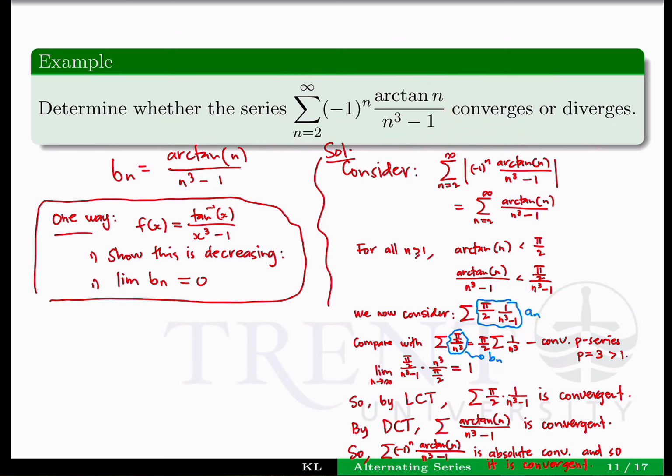So now take a look at how we did it. We started by considering the absolute value, so we are looking to show that the series is absolutely convergent. That was this part here. But in order to show that this one is absolutely convergent, we tried to use comparison tests.